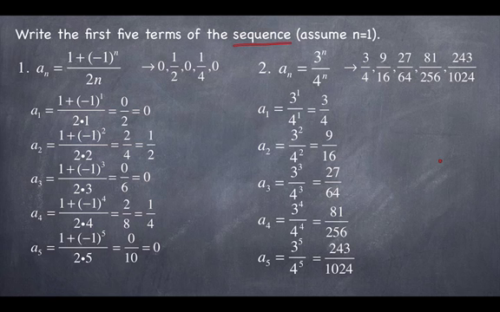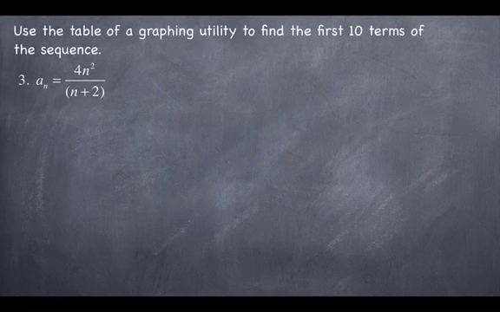Let's move on to the next slide. It says use a table of a graphing utility to find the first 10 terms of the sequence. So this is the rule that you're going to be working with: a sub n equals 4n squared over n plus 2.